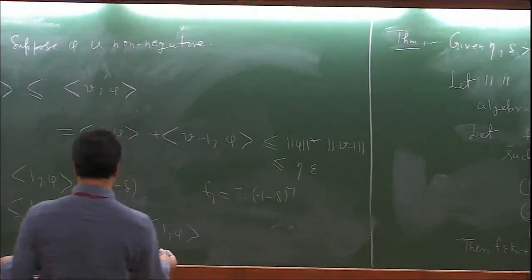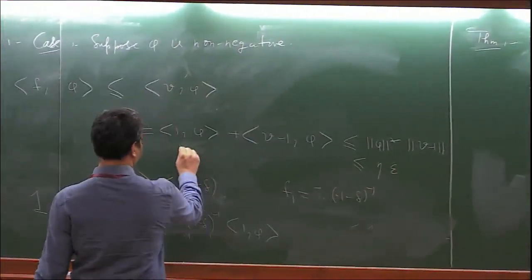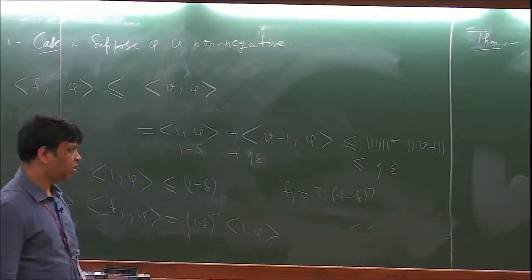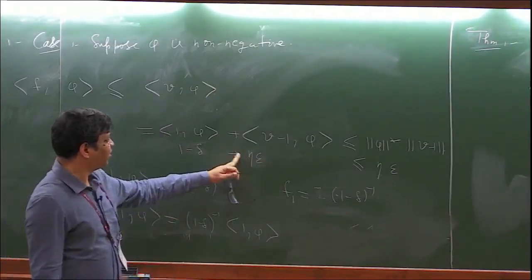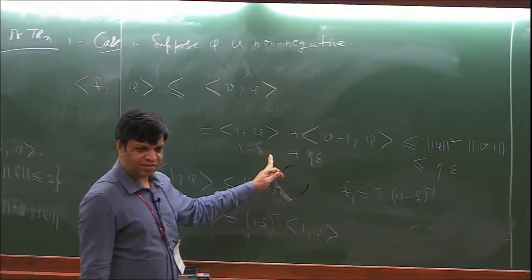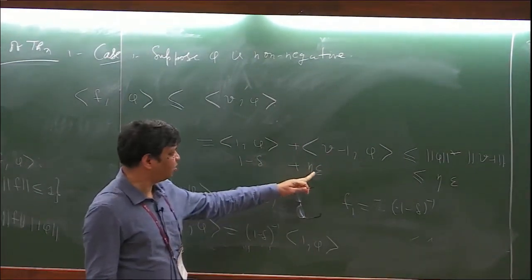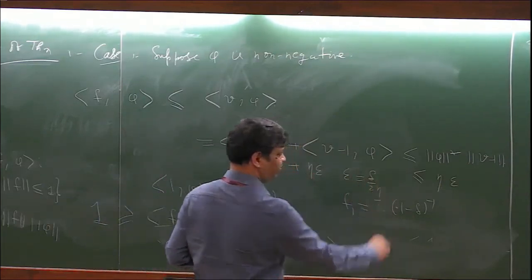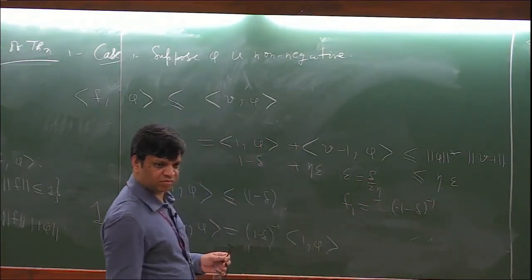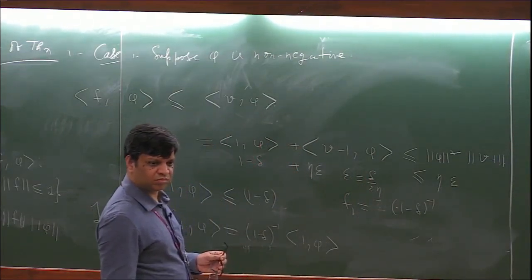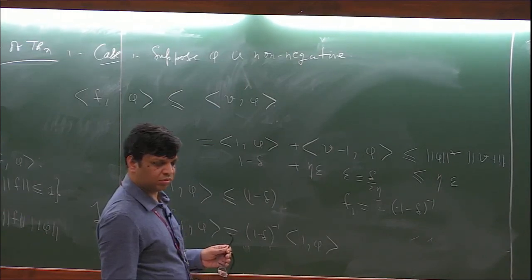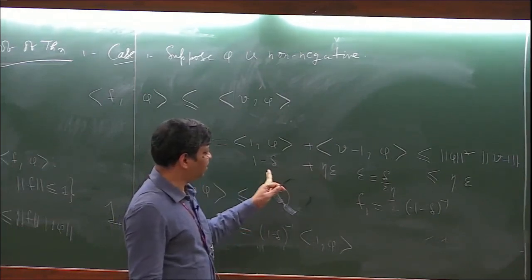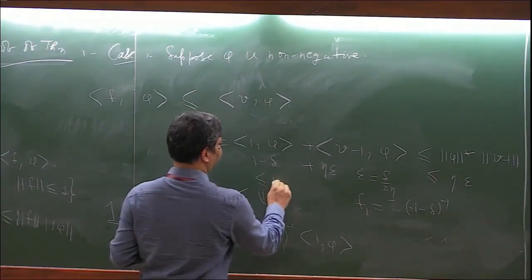So now in total how much have I got? I have got here 1 minus delta and here eta epsilon. Now I can choose my epsilon so that this is less than delta. If I choose my epsilon to be delta by 2 eta, then this thing will be less than or equal to 1 minus delta by 2.